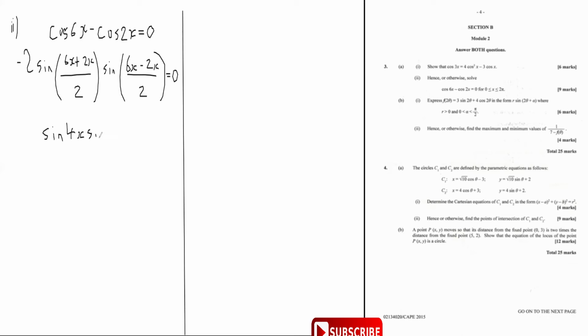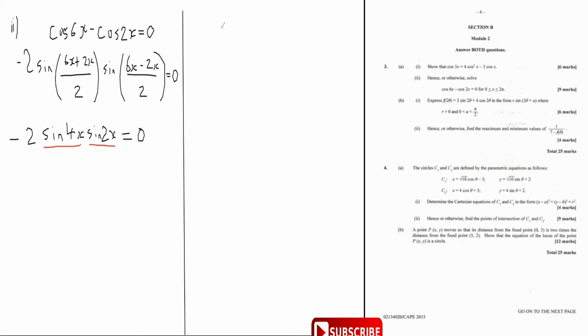This becomes sine 4x times sine 2x, times the minus 2, and this is equal to 0. The only way this can be equal to 0, it can't be the minus 2 that makes it 0. So it must be that sine 4x equals 0 or sine 2x equals 0.